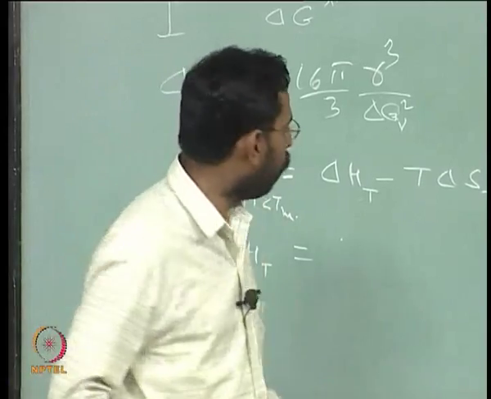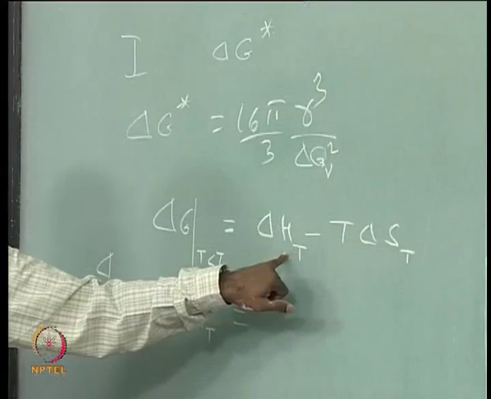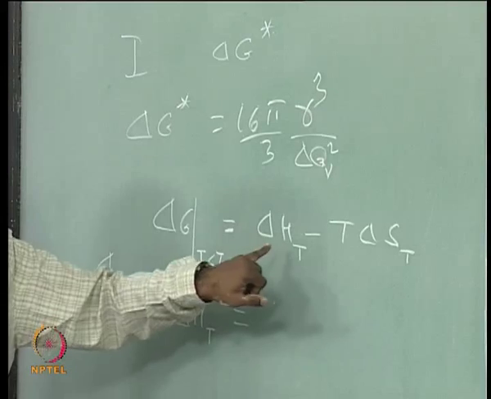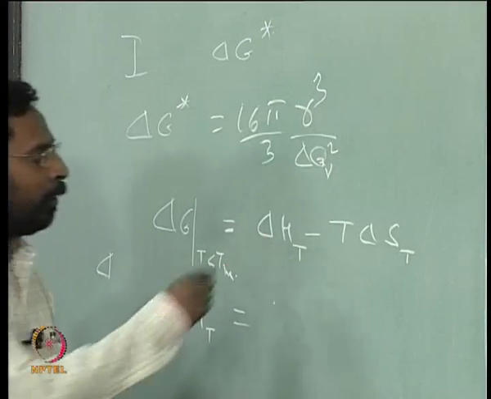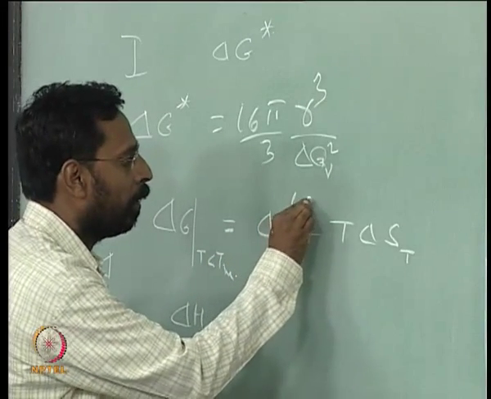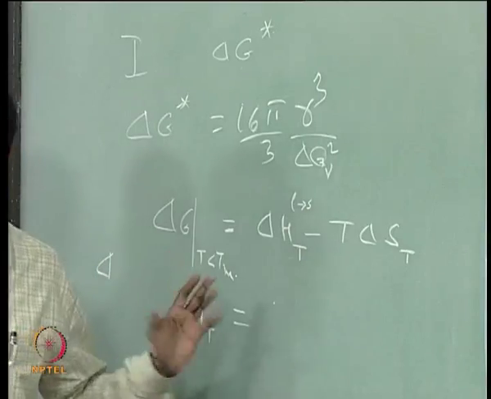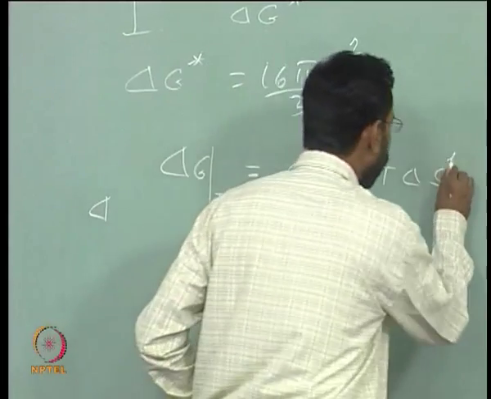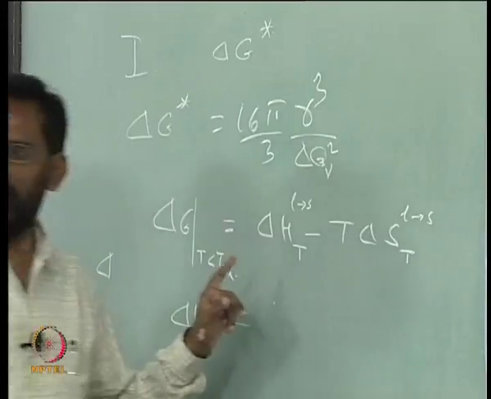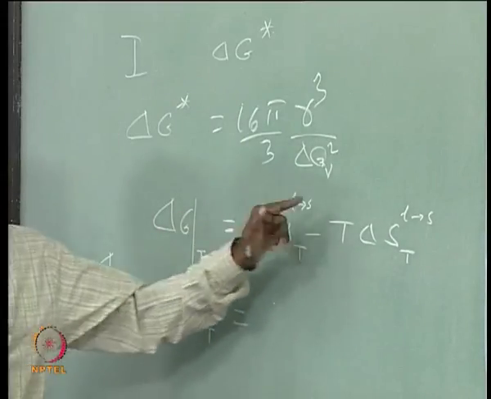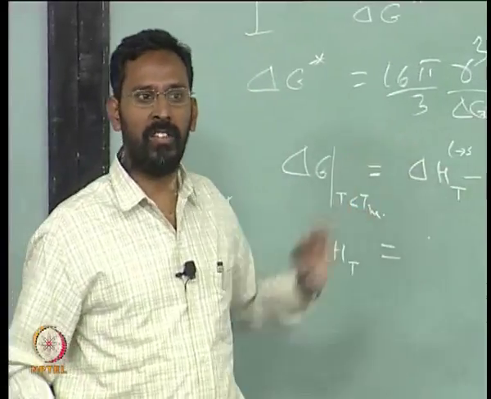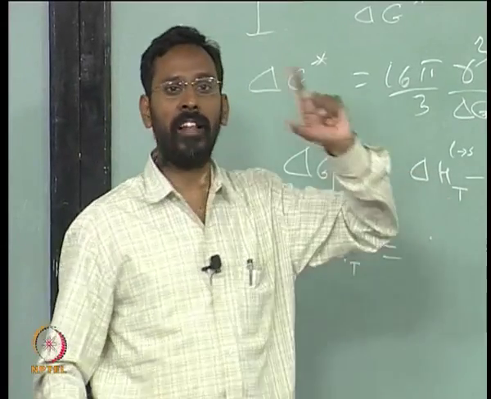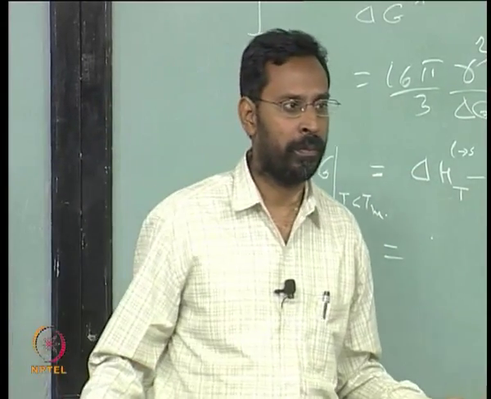Whenever I say delta, delta means liquid to solid. In our case it is liquid to solid, in some other case it can be one solid to another solid. So, whatever I am talking about is the change of enthalpy when a liquid is changing to solid, and that change at the melting point is known to us.